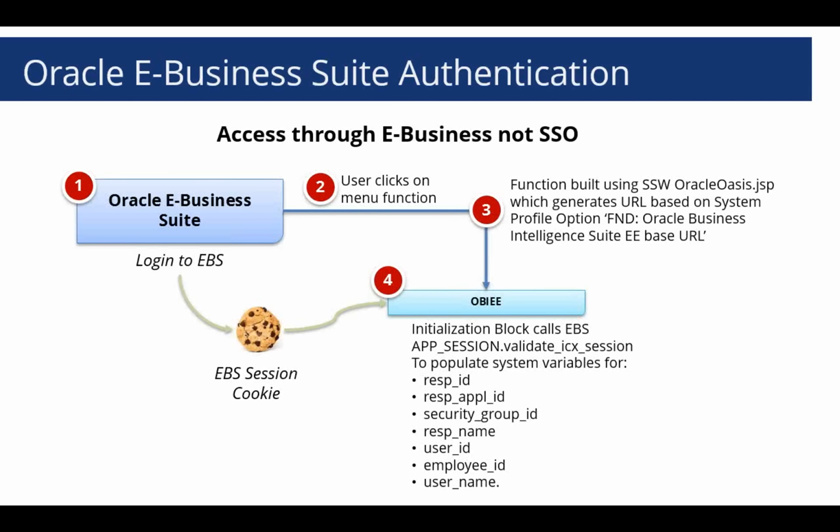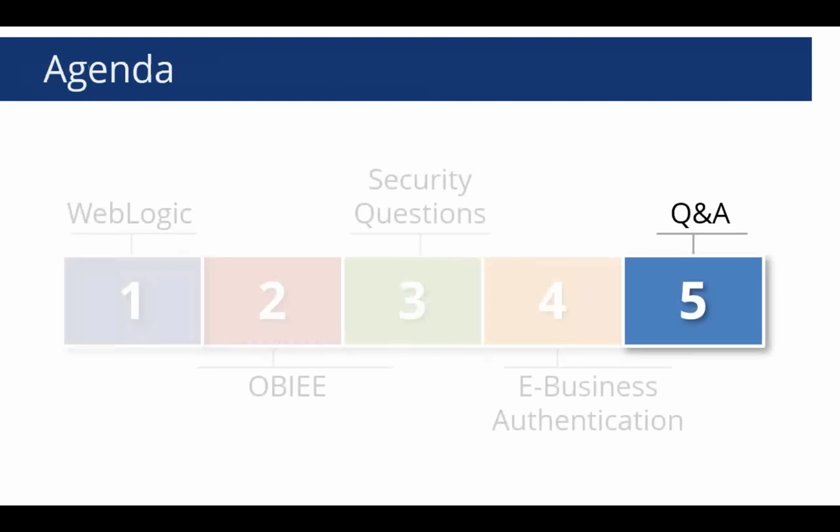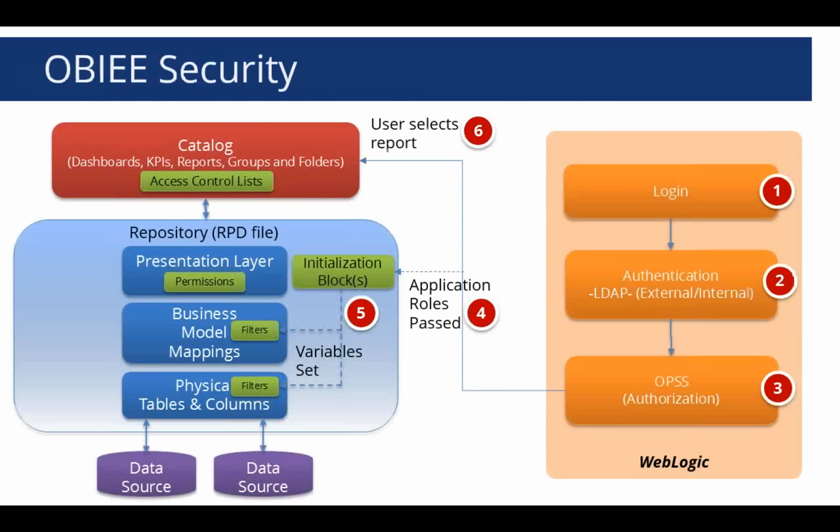That PL/SQL package is owned by apps. Our recommendation would be to build a custom user with the requisite grants to be able to call that successfully. But certainly what you don't want to do is expose the apps username and password and have that stored in the RPD file, would at least be my recommendation.